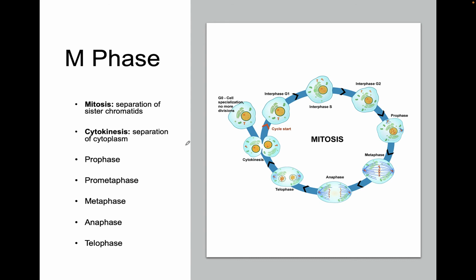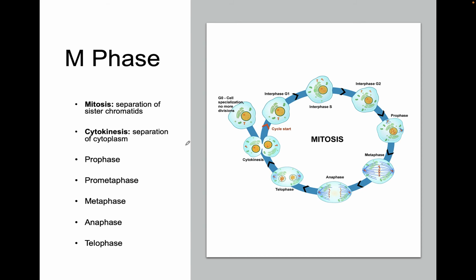So let's go into the M phase. This is the phase of the cell cycle where copies of the cell's chromosomes, which are the sister chromatids, separate and the cell undergoes division. So I want you to keep in mind what we just talked about. The M phase cannot occur if the S phase doesn't occur. DNA replication is essential for the M phase because going into the M phase, one can assume that all the genetic information has doubled.